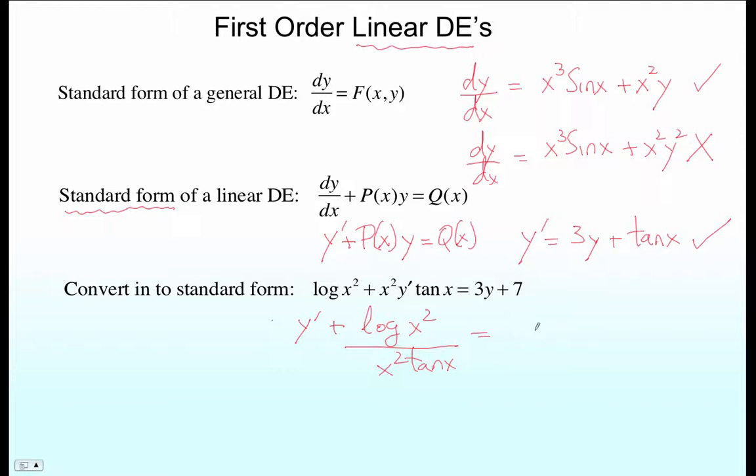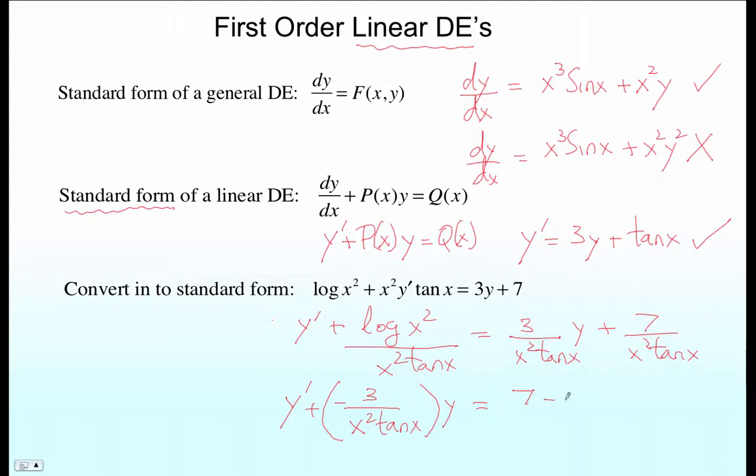And this side also 3 over x squared tan x times y plus 7 over x squared tan x. And so let's put this into standard form. Y prime plus minus 3 over x squared tan x times y equals 7 minus log of x squared divided by x squared tan x.